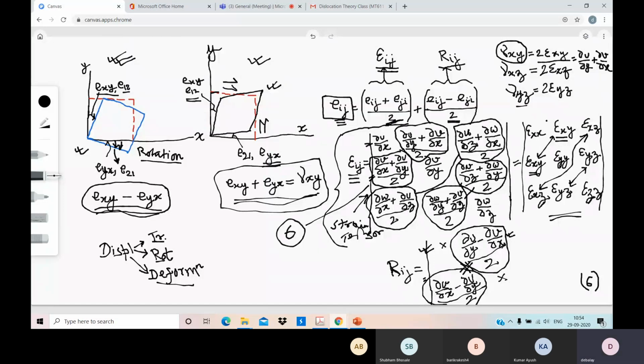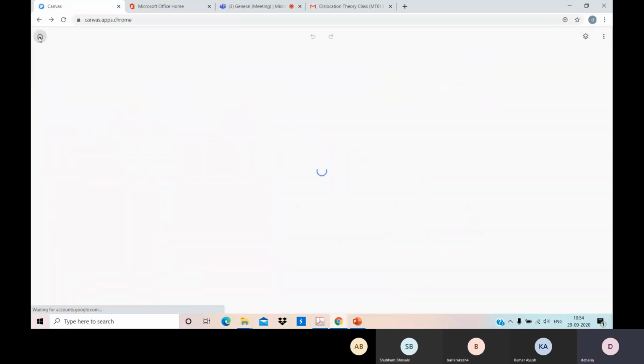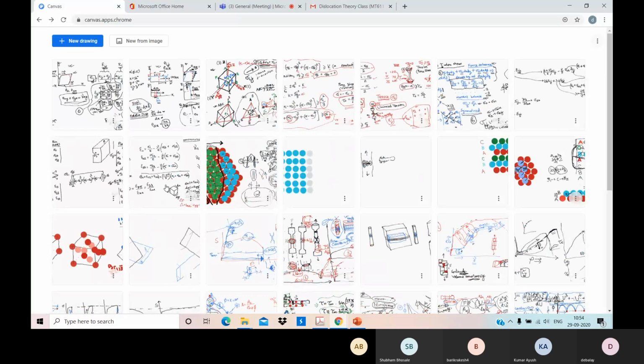Shear strains are represented by the term gamma, and normal strain are represented by, as usual, epsilon xx. What is epsilon xx? Del u del x. Epsilon yy, del v del y. Epsilon zz, del w del z. Very nice.